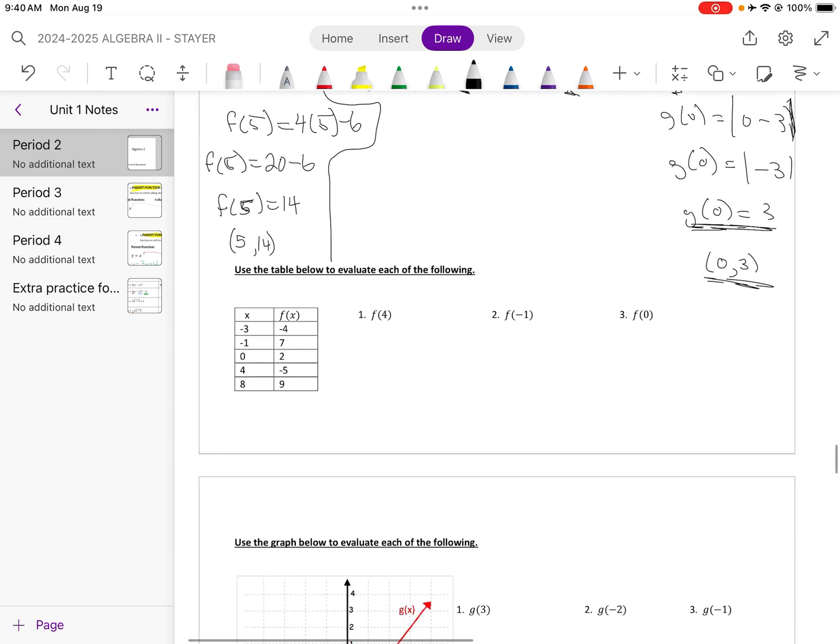We could do this again from a table. Notice that every single one of these points is f of x, and so that kind of matches up with what we're looking at here. Now, when we're doing this here, f of 4, we're actually going to look for it. Again, this is the x value, so f of 4 equals 8. Excuse me, not 8, my apologies, not sure where I was looking there. Should be f of 4 equals -5, right?